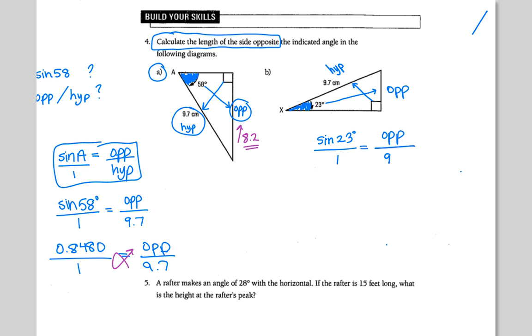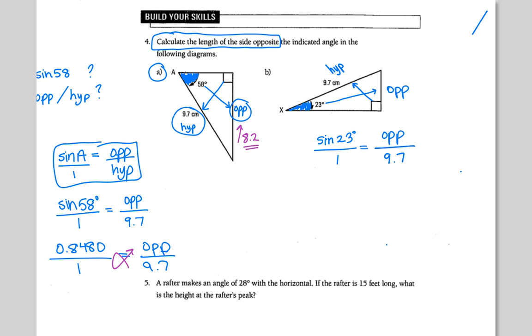So that's 9.7. It's got the same measurement, 9.7. However, the angle's different. So we should expect a smaller result because the angle's smaller. And the opposite side is either going to be large or small depending on the size of the angle.